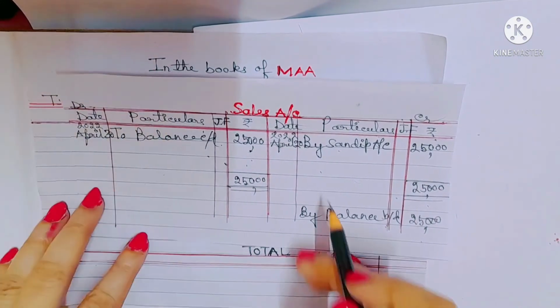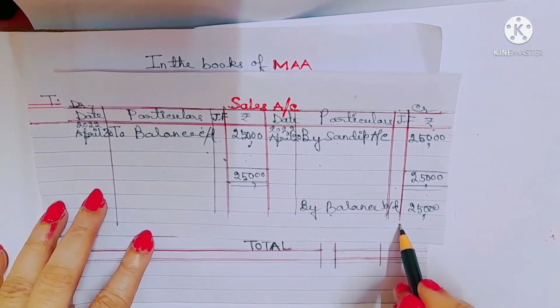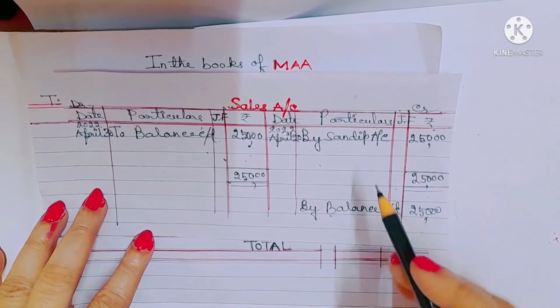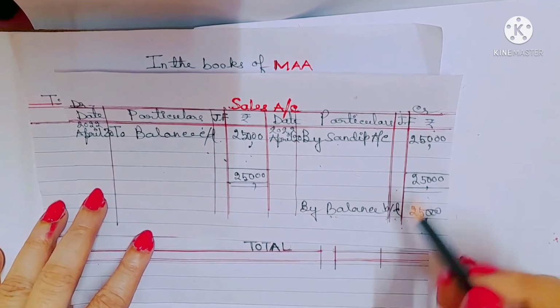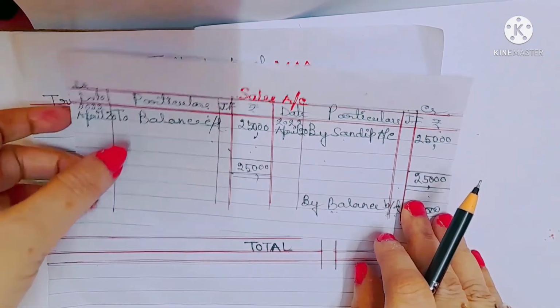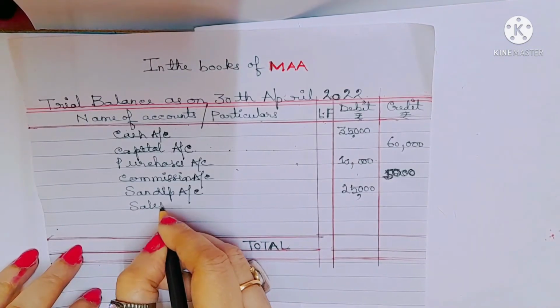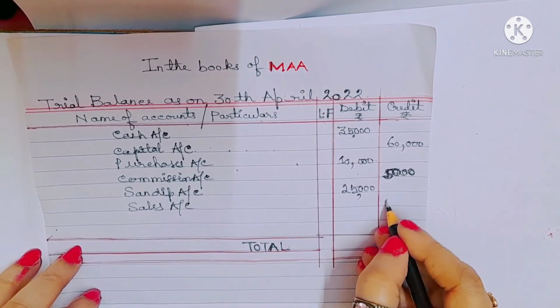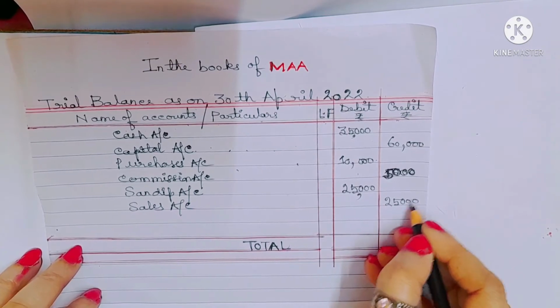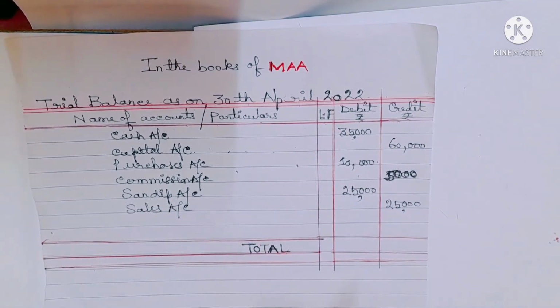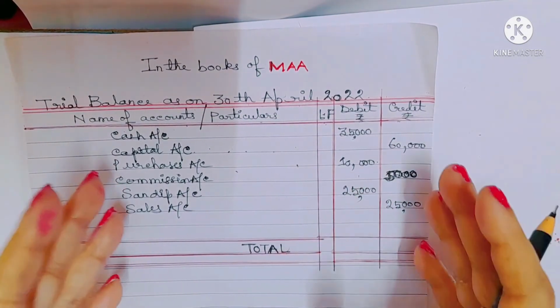Let's do the next account. Next account is sales account. Sales account is a credit balance. How did I know? Because by balance b/d is beneath the credit side total. Let's do it. 25,000. Since sales account is a credit balance, the amount will appear in the credit column.